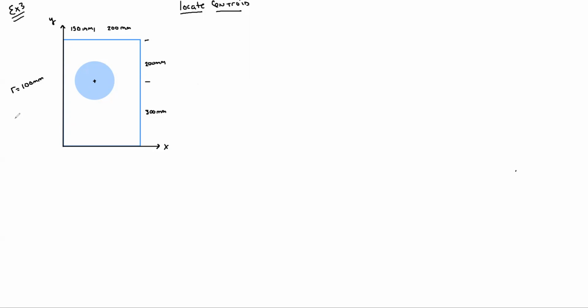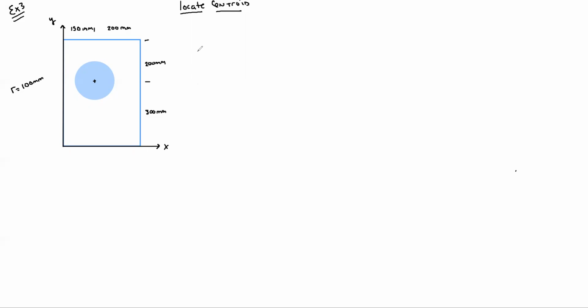So we're looking for the centroid of this composite figure. Due to the limitations of what I'm using, normally we would be looking for the centroid of the shaded area. I haven't really figured out how to shade that big triangle or the big rectangle with the circle cut out.